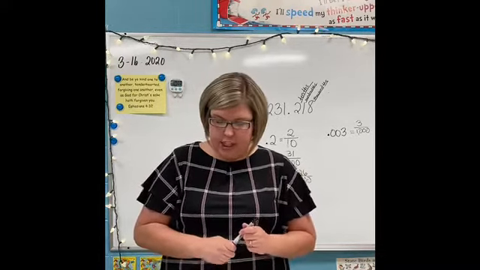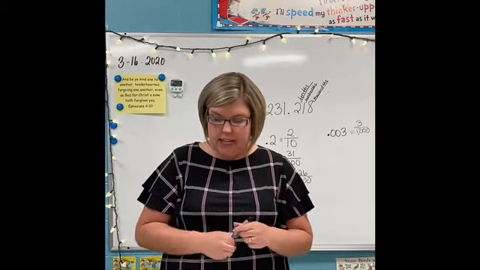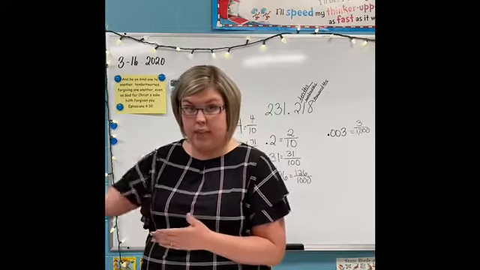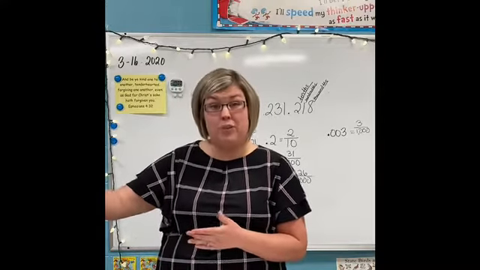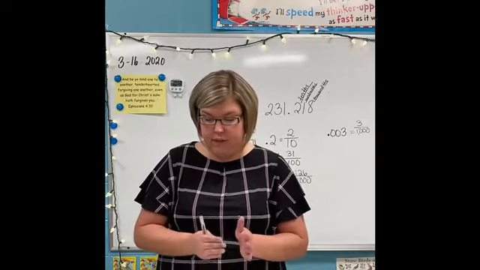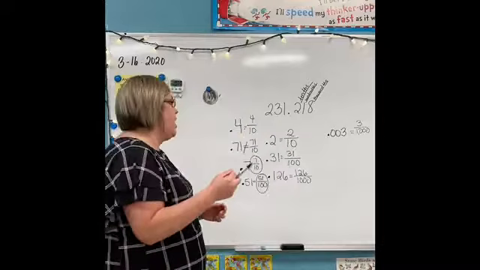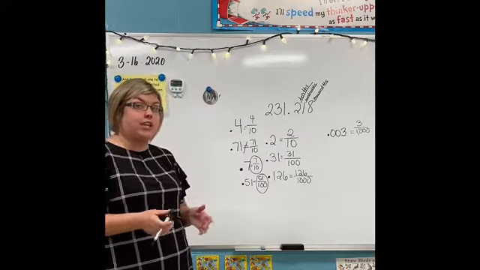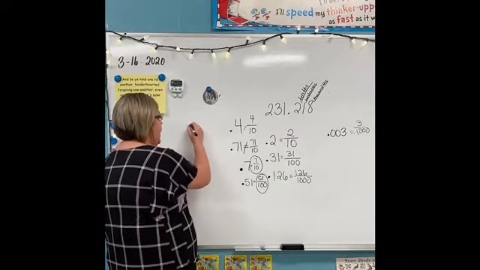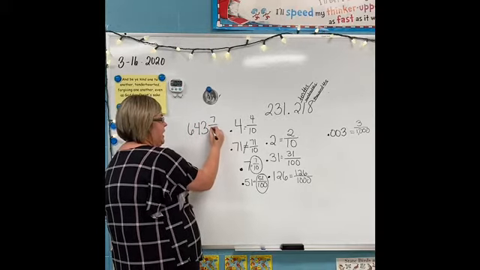All right, section 4, write the number figures for these words. So it's going to give you a word sentence, and you're going to have to write it as the number. So for example, 643 7/10, okay? If I was writing this as a mixed number, I would say 643 7/10.